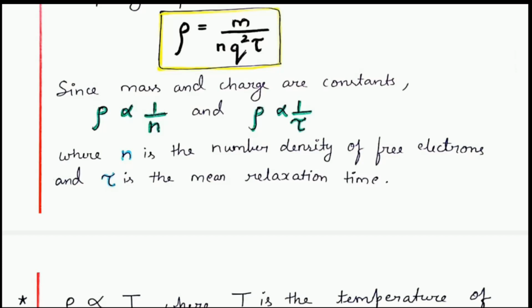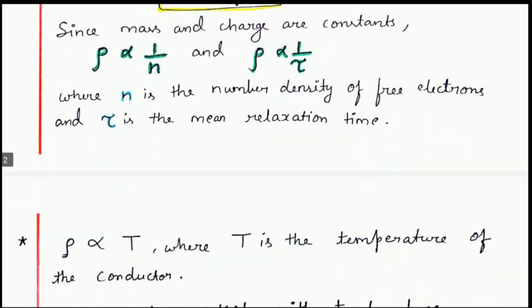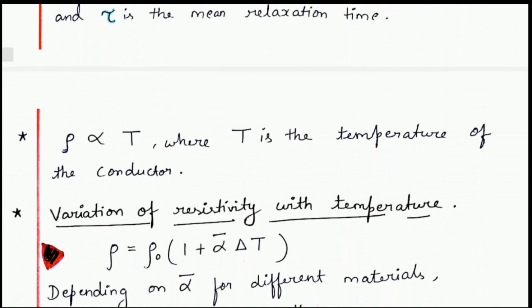So we can indirectly connect resistivity with temperature: resistivity is directly proportional to temperature. If temperature increases, resistivity will increase; if temperature decreases, resistivity will decrease, and so on.